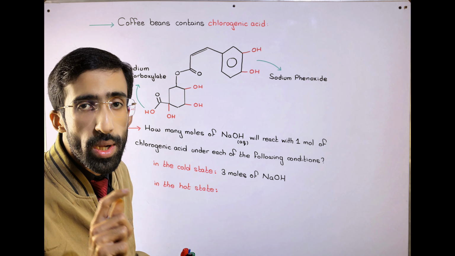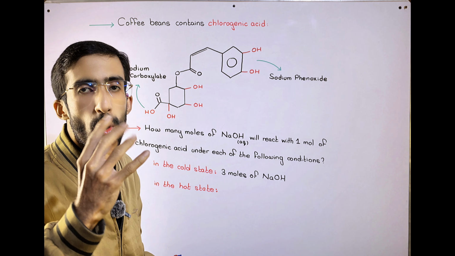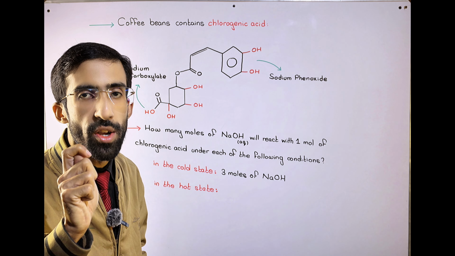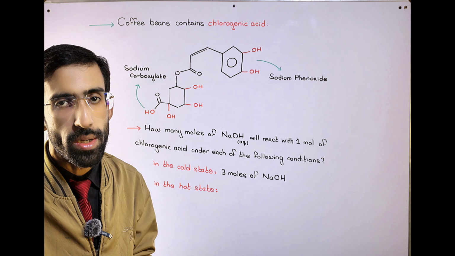Now let's come to the second condition. In the hot state, whenever you are reacting chlorogenic acid with sodium hydroxide in the hot state, 4 moles of sodium hydroxide will react with 1 mole of chlorogenic acid. How?